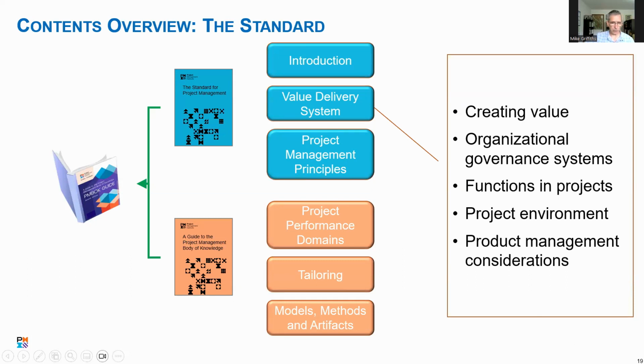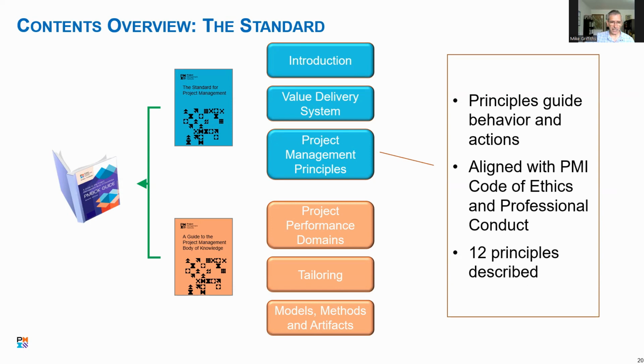Value delivery, we talked about, and then project management principles, right? So these are the higher level elements that team leads and project managers can use to guide their behavior. They're aligned with the code of ethics, and there are 12 of them. An example would be to create a collaborative team environment, to recognize that project teams are made up of individuals that all bring diverse skills, knowledge and experience.